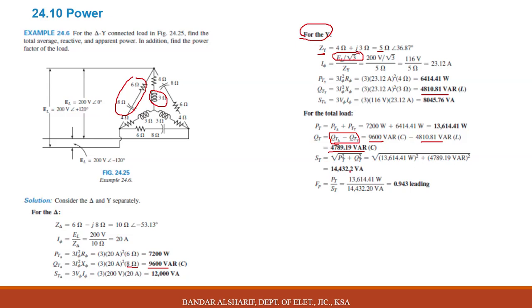You will get the answer 14,432. Divide active power by apparent power, you will get 0.943 leading, because the effect of the capacitor is greater than the effect of the inductor. So this will be leading.